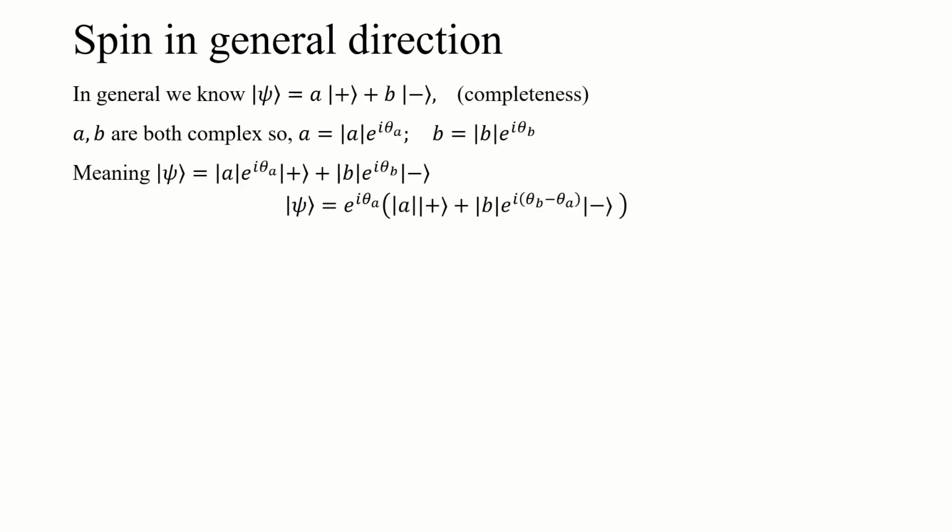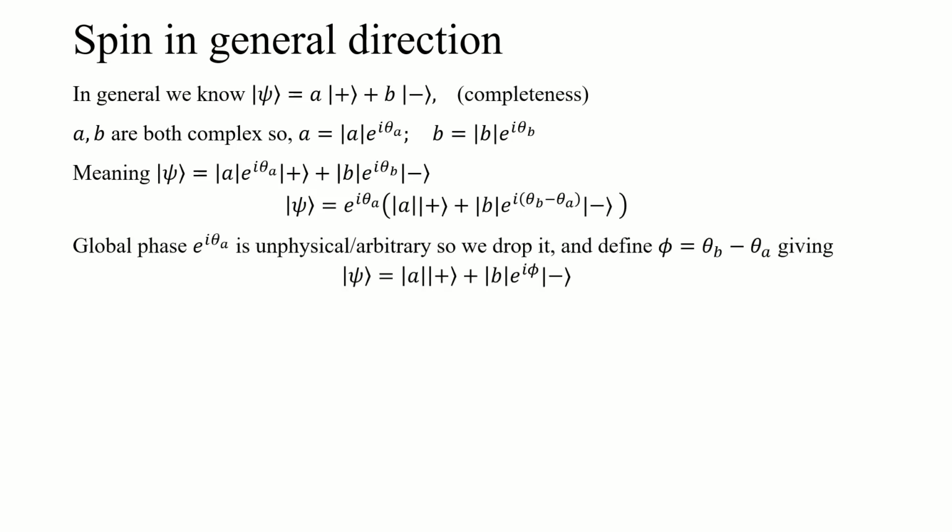So just rewriting that, the general vector can be written in terms of those, and we can factor out the phase of the spin-up state. And what that does is, well, the global phase that we've just factored out in these generalized kets is arbitrary in quantum mechanics. It has no physical meaning, so we can change the global phase to essentially whatever we want.